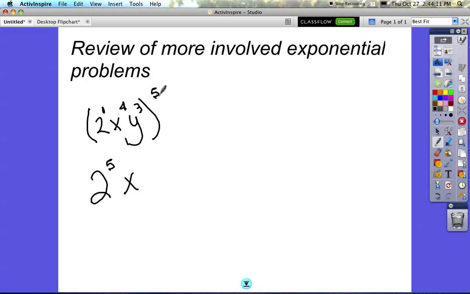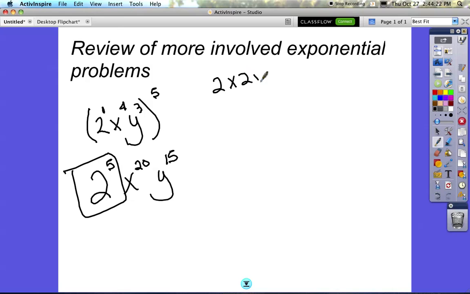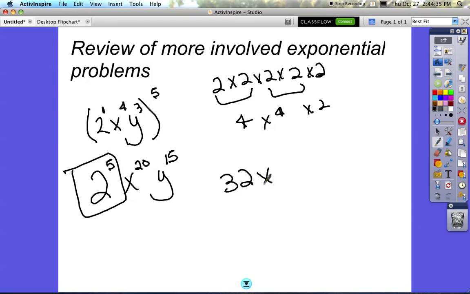And then all you have to work out is 2 to the 5th power. 4 times 4 is 16 times 2. So that would be 32 x to the 20th, y to the 15th.